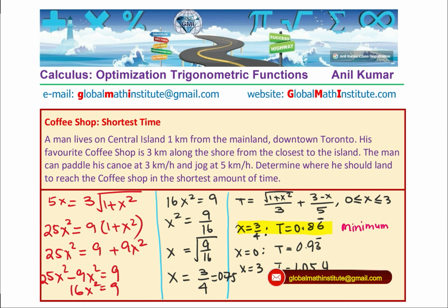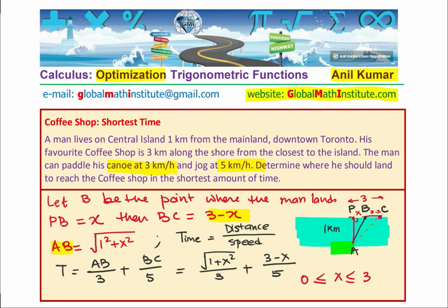So he should land 0.75 kilometers from P, which is directly across. You get the idea. So that is what we got, and that's how you're going to answer this question. So this distance is found as PB equals to 0.75 kilometers.